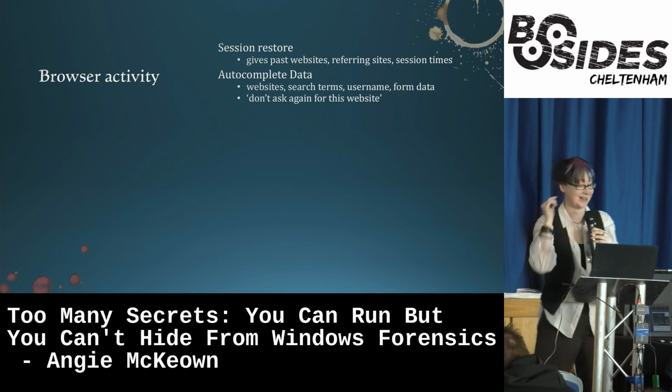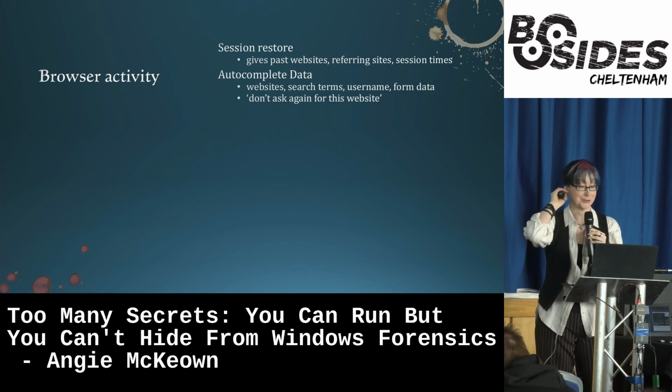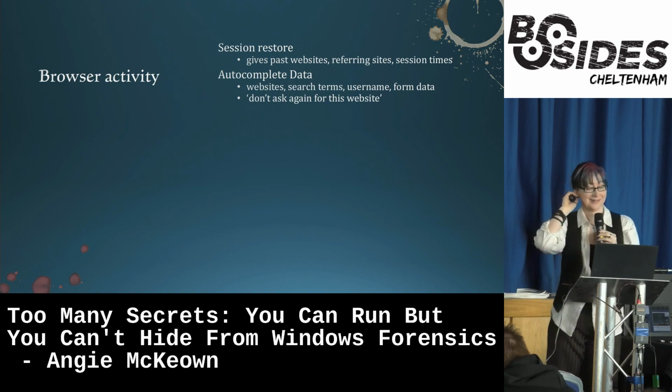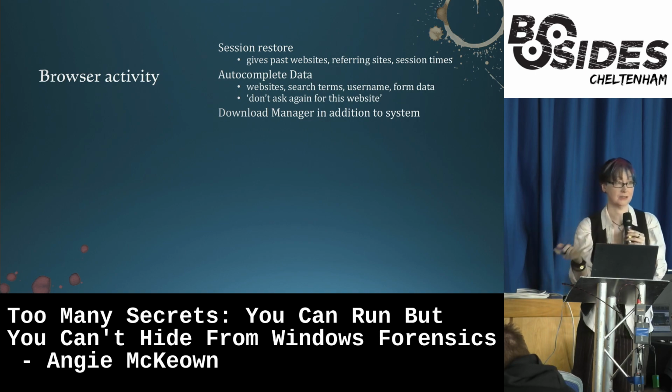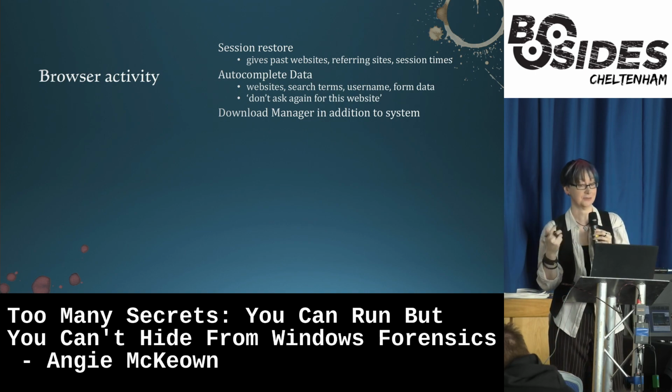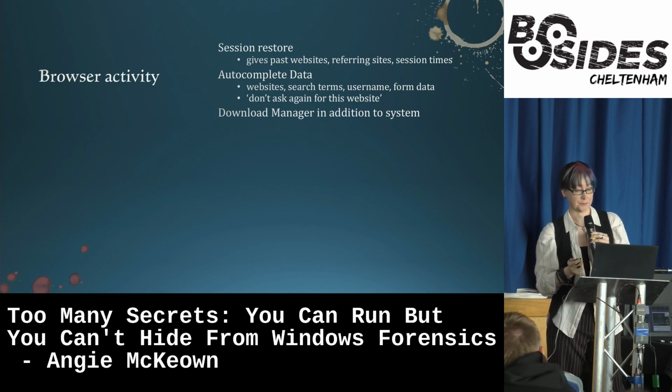You've guessed it. It's going to store the website on your choice. So now there's evidence you've been there. The browser may also have a download manager in addition to the system download manager. So that's an extra place where you have to delete things if you were downloading stuff and you wanted to hide it. So we can see all the files that were downloaded in the browser.